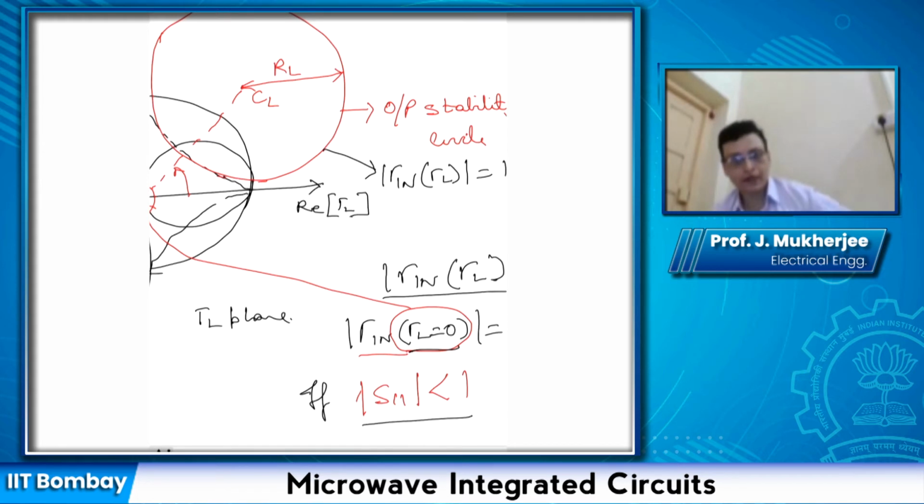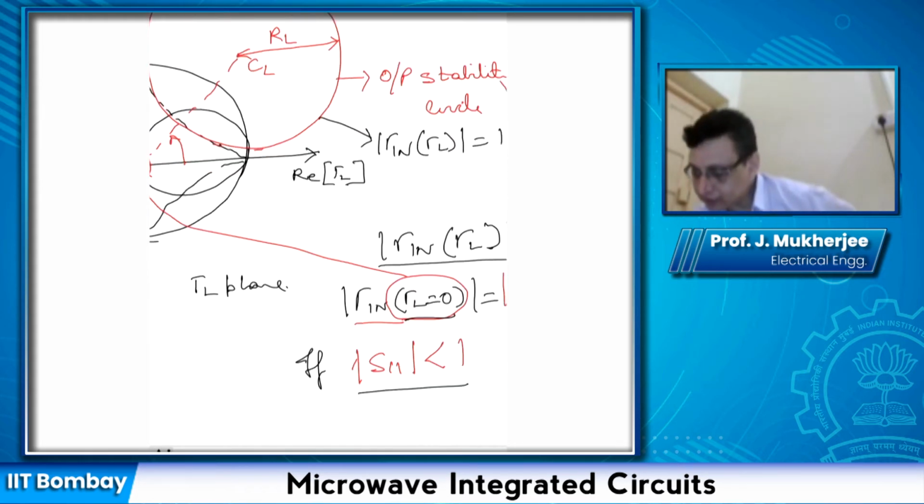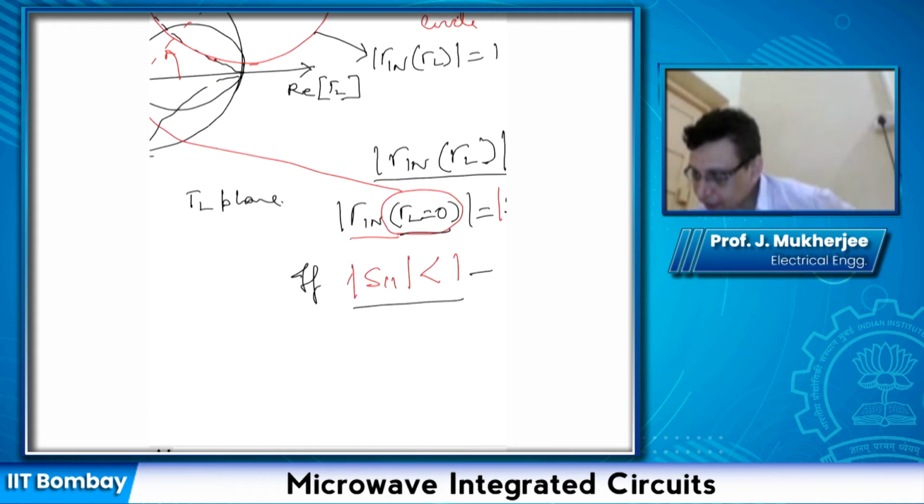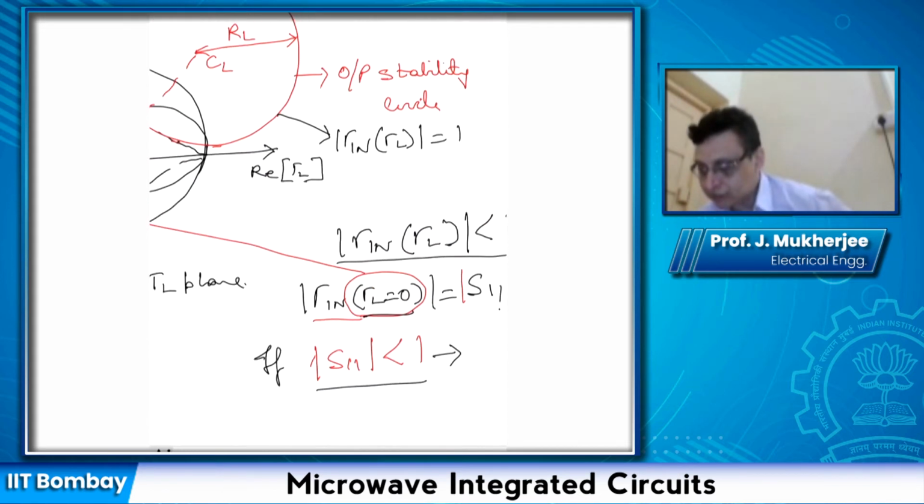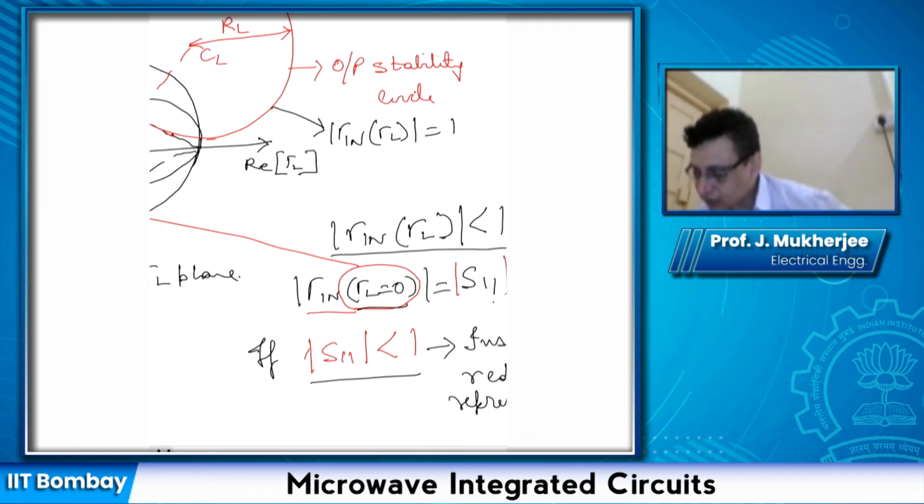Is that clear? Similarly, if S11 is lesser than 1, the inside of the red circle represents the unstable region.